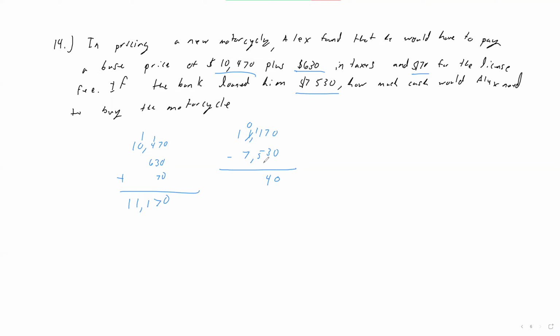So 11 minus 5 is 6. 0 minus 7 can't be done, so I have to borrow. So 10 minus 7 gives me 3, and then there's no longer anything in the 10,000 spot. So the correct answer, even though this was part of the work, this is the final answer, that he still has to come up with $3,640 to buy the motorcycle.